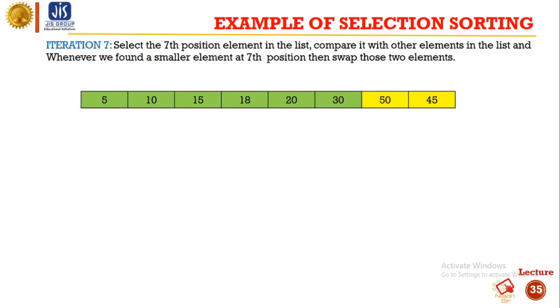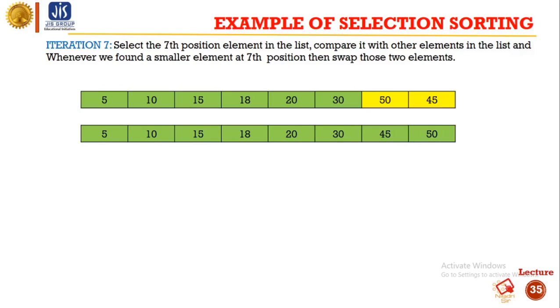So 50 will be compared with 45. As 45 is smaller than 50, there will be a swapping. So after this step, 45 came to its final position, and as only 50 is there, 50 also came to its final position. So all the elements came to their final positions.